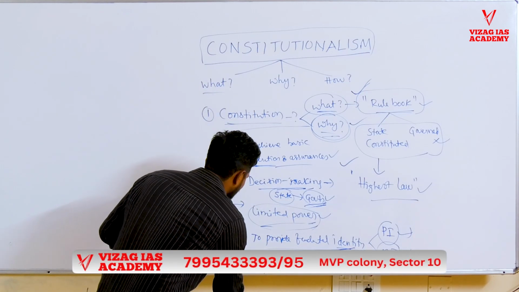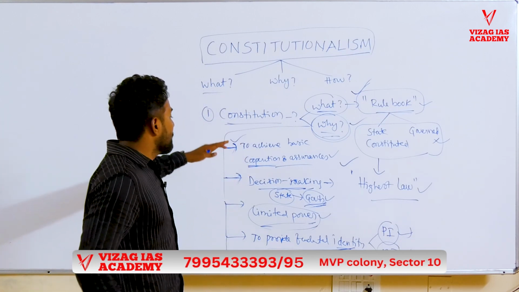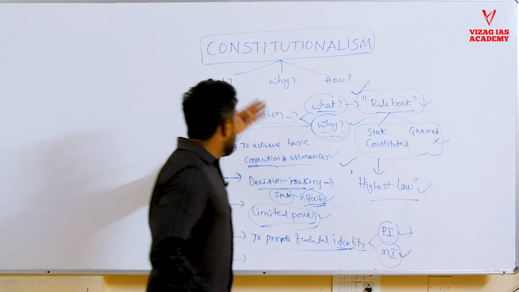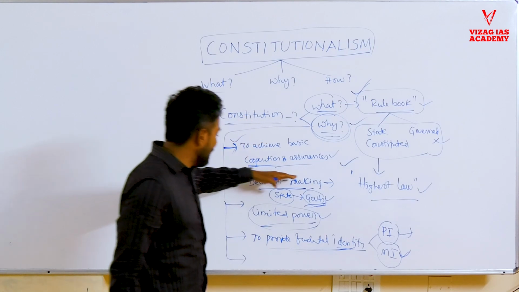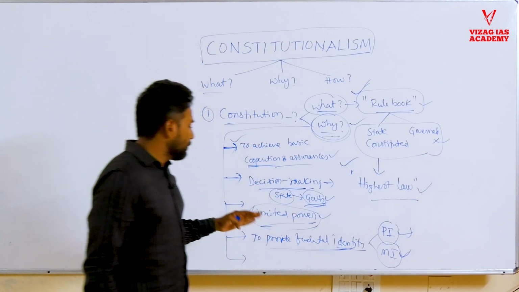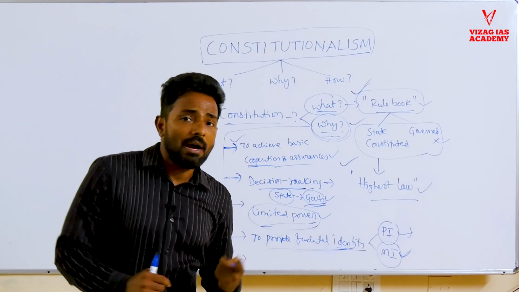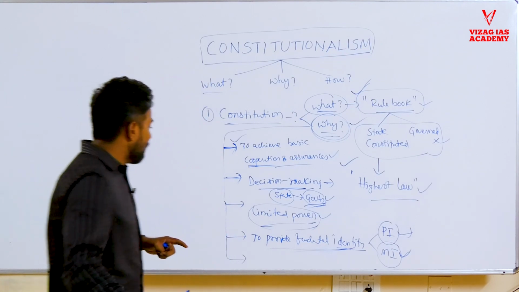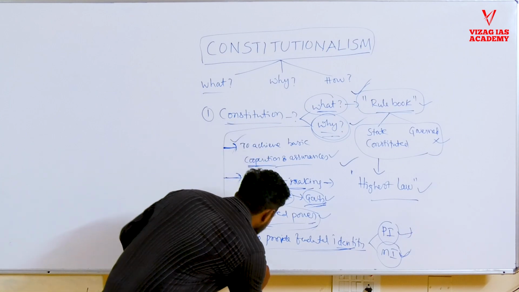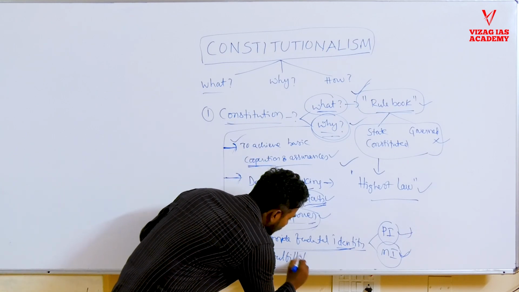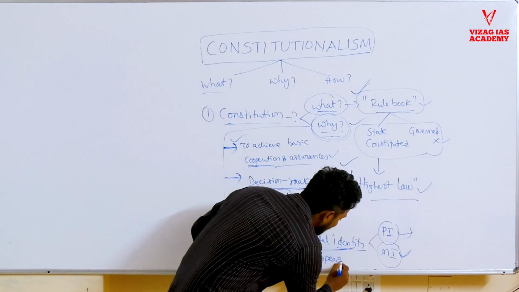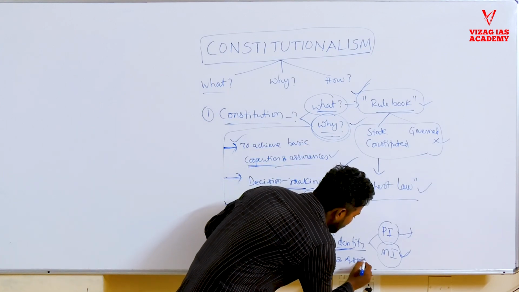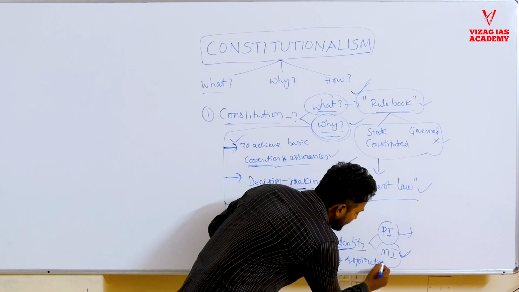And one more point was there. To secure basic cooperation and decision making, to have limited power, and to provide the fundamental identity to the people. And we have one more: to fulfill the hopes and aspirations of the citizens.